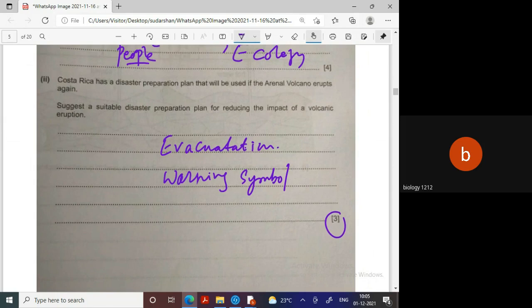The drill method is also one of the methods. And update with the content where the direction of the lava is moving. So, evacuation, warning symbols via media, and the drill method.